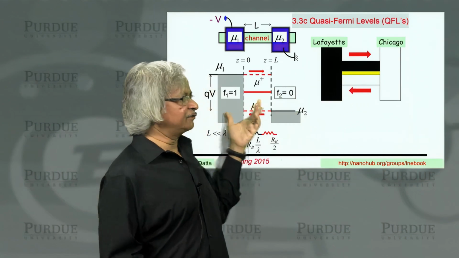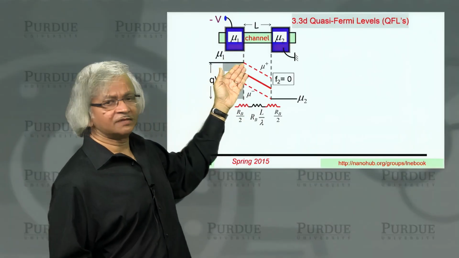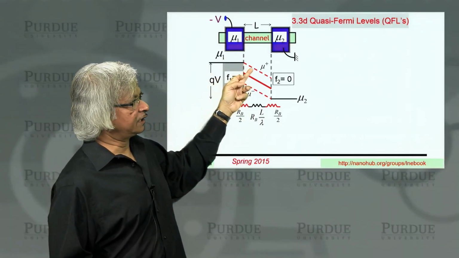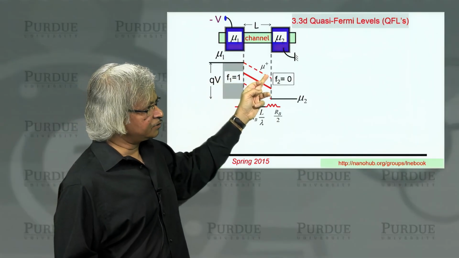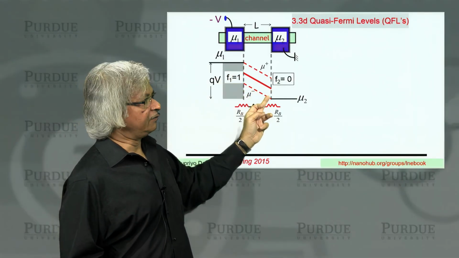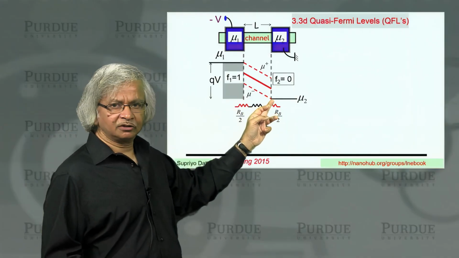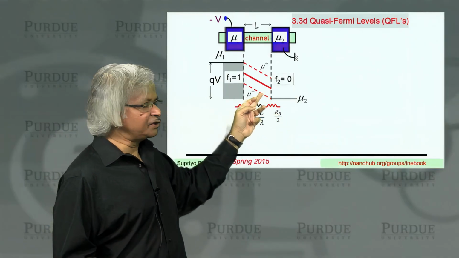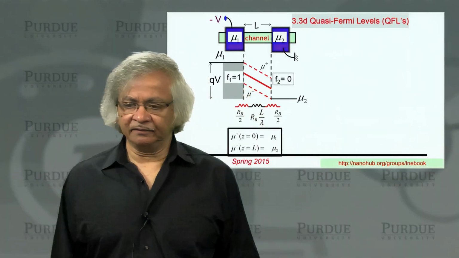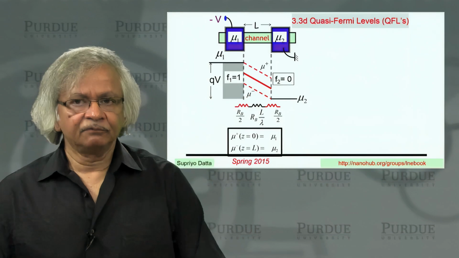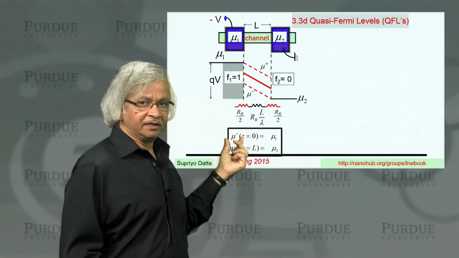So in terms of these quasi-Fermi levels, the quasi-Fermi level for right-moving electrons starts out at mu1, but as you go through the channel, it gradually goes down. The quasi-Fermi level for left-moving electrons starts out down here, but then gradually builds up.